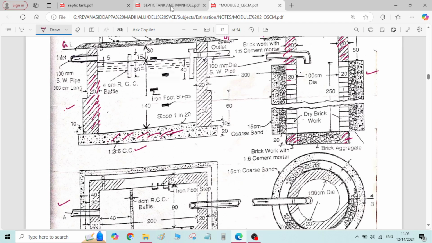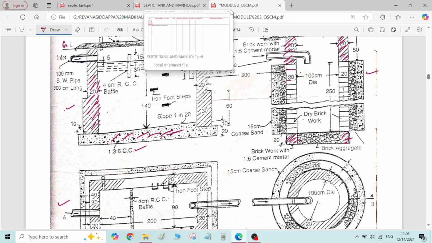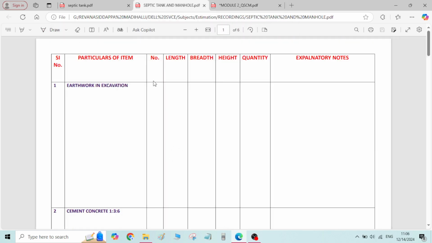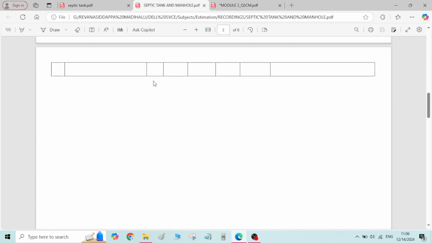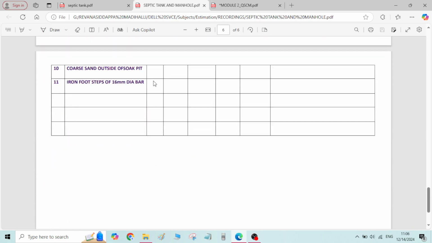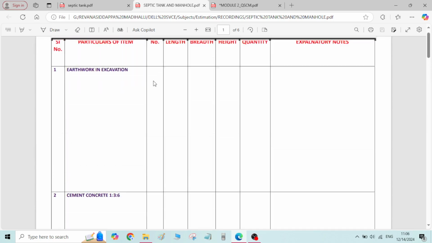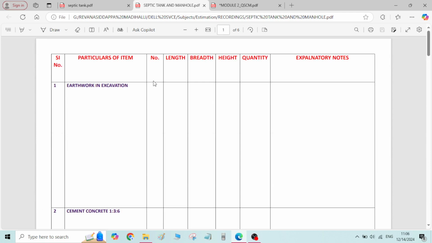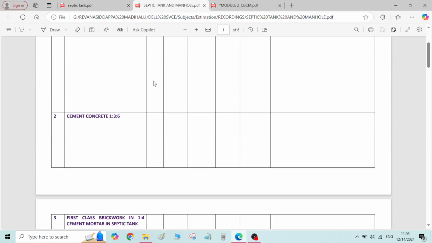Now let us start doing the actual estimation one by one. There are around 11 different items that we have to estimate. Generally for the point of our examination, these questions will be given.